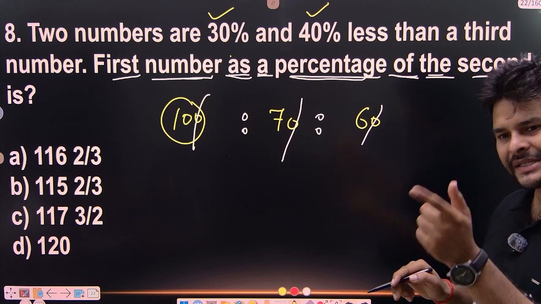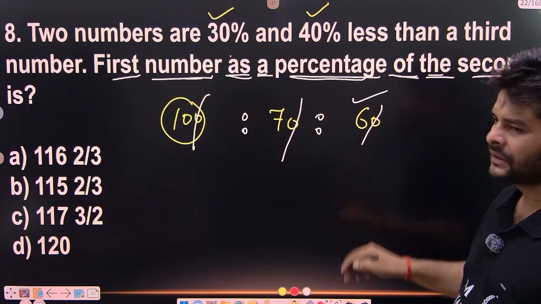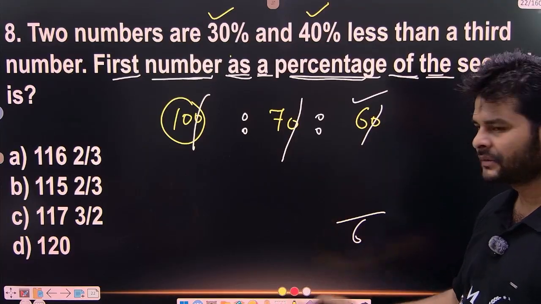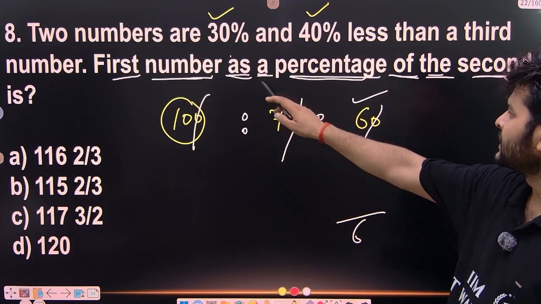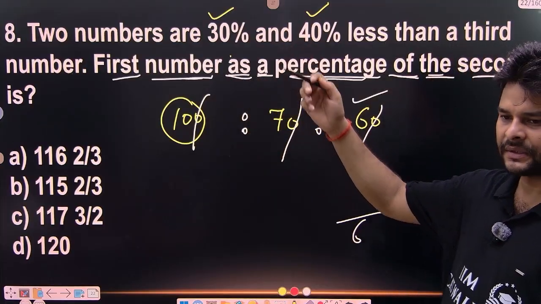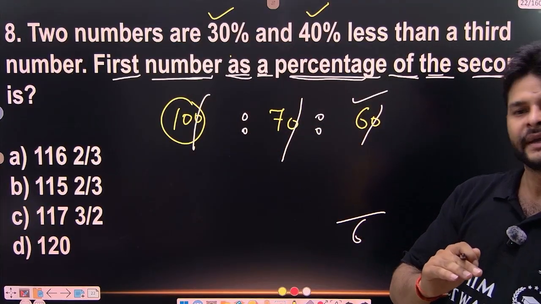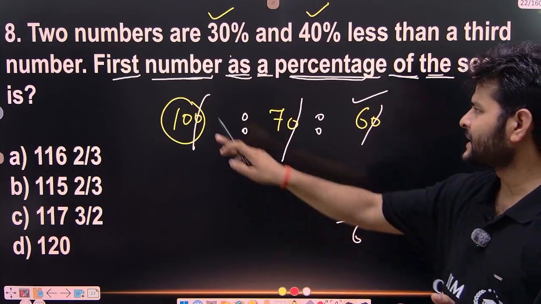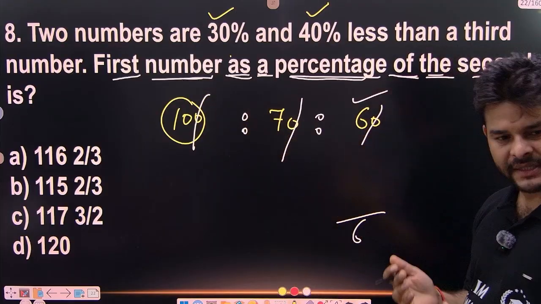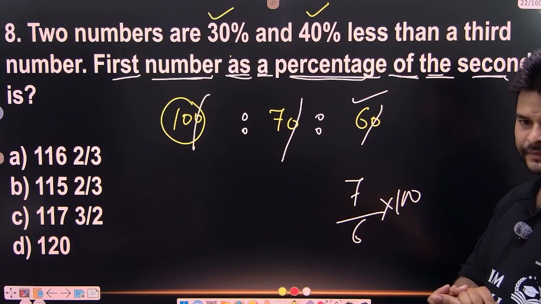So simply put the second number in the denominator. What is the second number? 60. So put 60 in the denominator. And the question is asking what the first number is as a percentage, so you need not tell how much percent less than or greater than. Just tell me 7 is how much percent of 6.